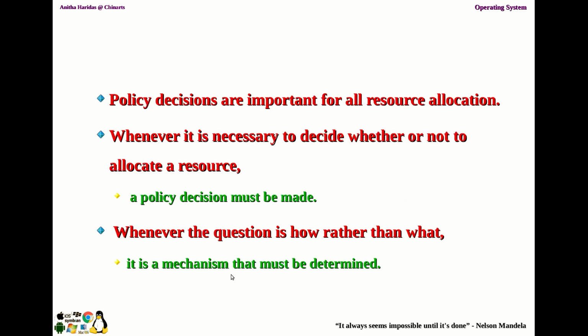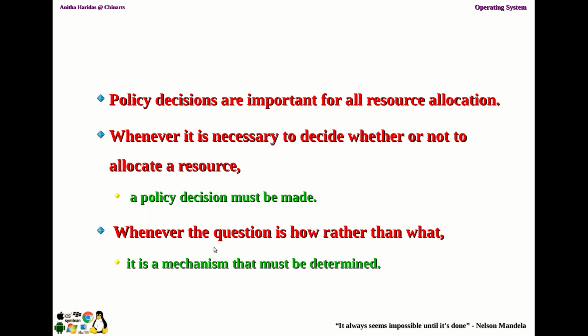So the policy decisions are very important for resource allocation also. Whenever it is necessary to decide whether or not to allocate a resource, a policy decision must be made, right? So whether to allocate a resource for this particular user or not will be done by the policy decision.